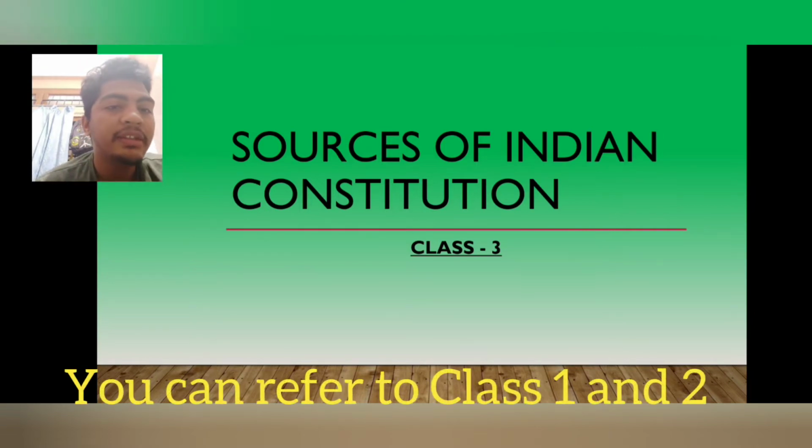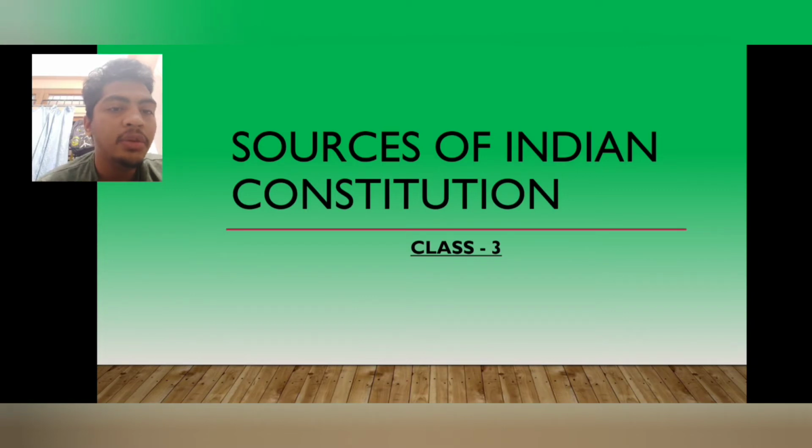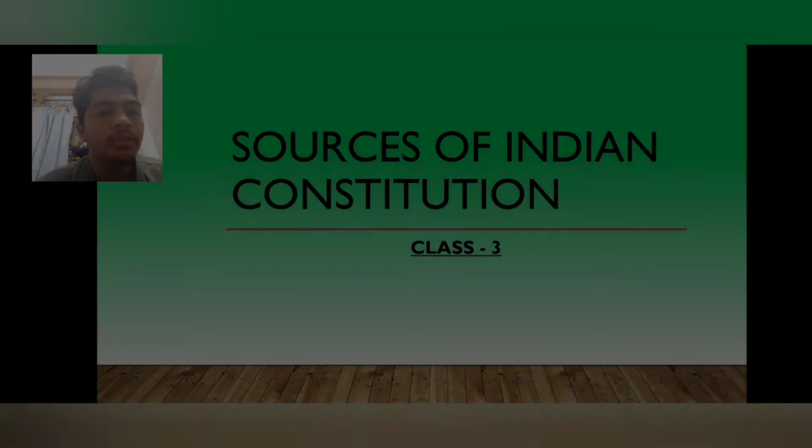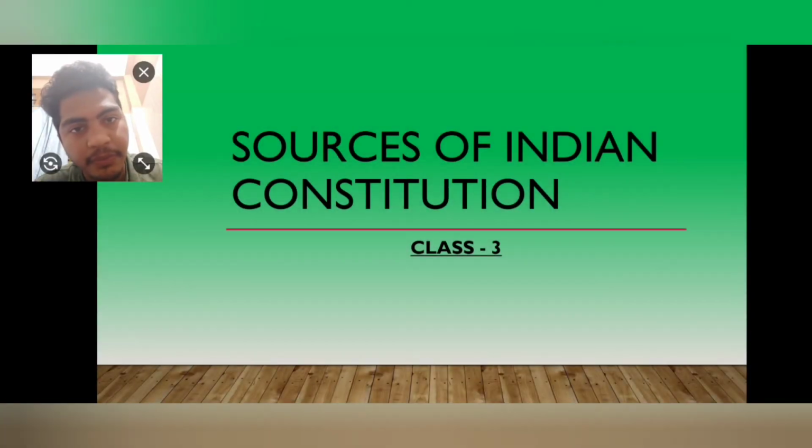Now in this class 3, we'll learn about the sources of the Indian constitution. Why is the Indian constitution so lengthy? Because things have been taken from various different countries' constitutions. So we'll know the main things, from which constitution each particular thing has been borrowed. Let's start.